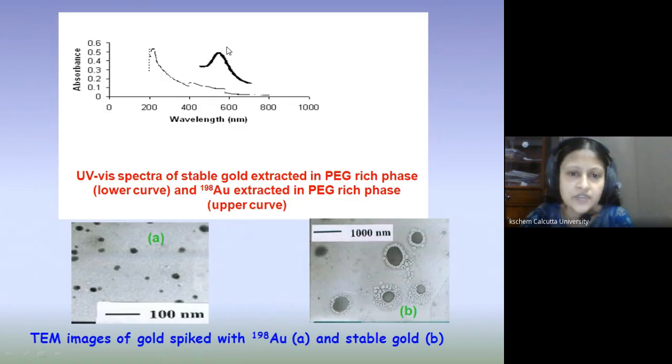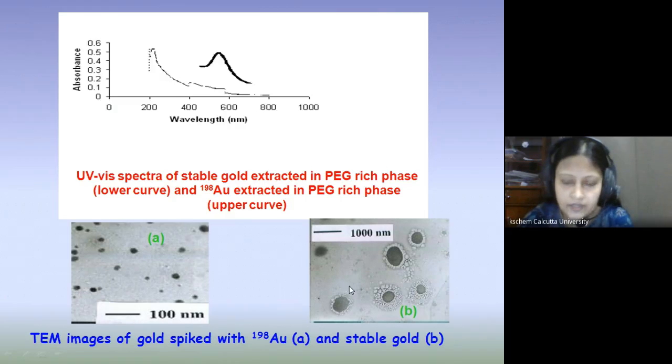We could observe the surface plasmon resonance characteristic peak at 560 nanometers, and TEM images indicated that there were 20 to 30 nanometer sized gold particles, in contrast to the very large size in the presence of stable gold.